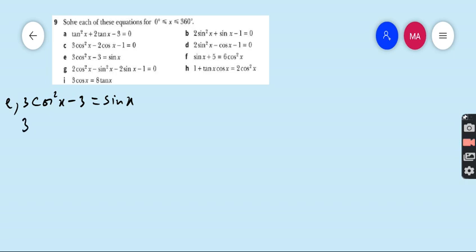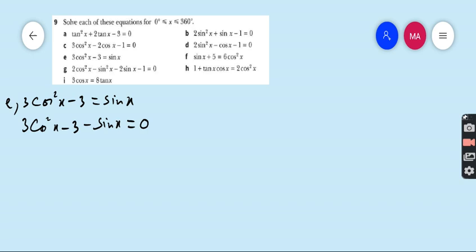Now 3 cos square x minus 3, move this sin x to this side, minus sin x is equal to 0. Again, this equation can't be solved unless we convert this quadratic equation into a single trigonometric function. We can achieve this.